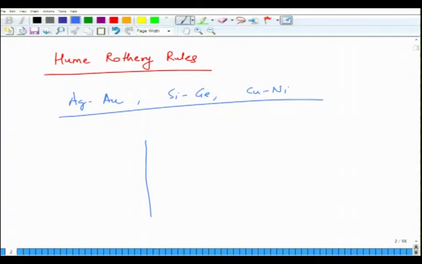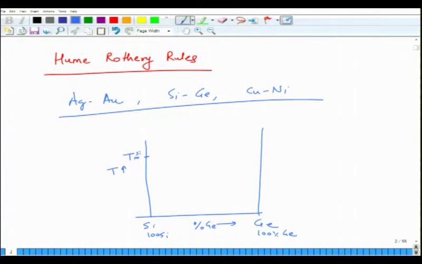If you look at, for example, the phase diagram of silicon germanium, this is the composition axis, percentage germanium, from 100% silicon to 100% germanium. This is the temperature axis. Silicon has a melting point, let us say Tm silicon, which is nearly 1400 degrees centigrade.